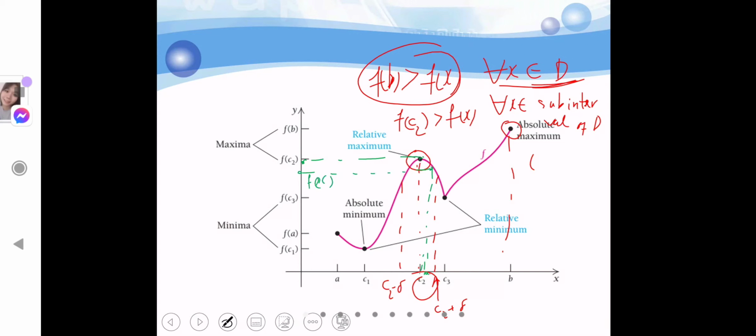In fact, the value of the given function at C2 is an absolute maximum in the sub-interval. That means we only consider the neighborhood of C2, not the whole domain of f(x).